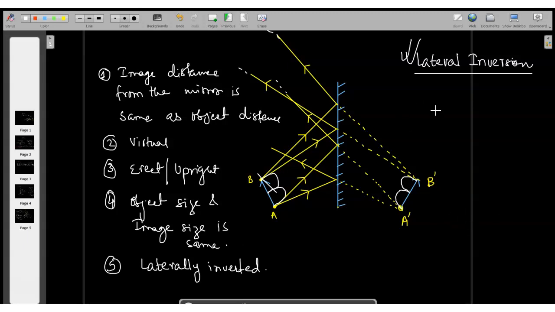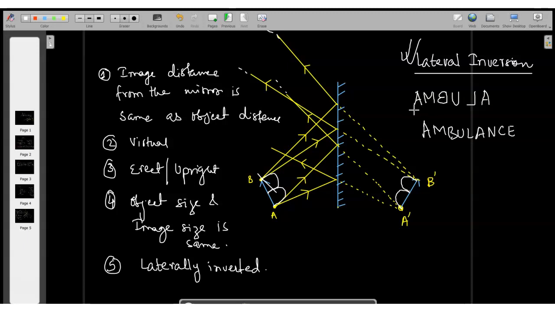You must have seen in an ambulance, the alphabets are written laterally inverted. Why is it written laterally inverted? Because the person who is ahead of the ambulance, when they see the ambulance coming from the back side, they see it in the rear view mirror, and they will be able to see the correct spelling of the word ambulance, right?